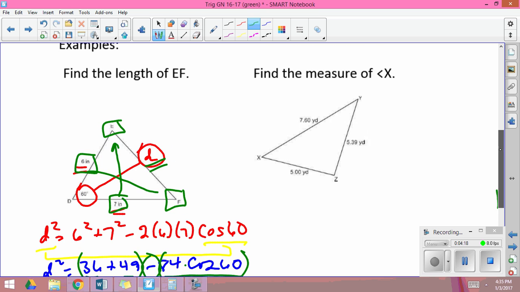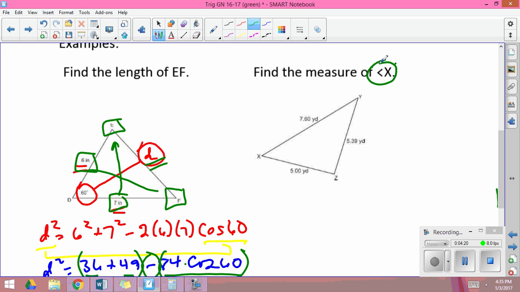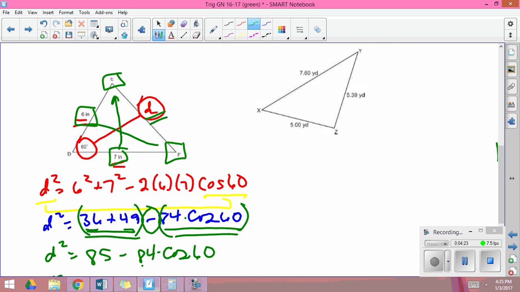In this next example, I want angle x. And so I'm physically going to go here and I'm going to circle x and I'm going to figure out its side opposite because that is my starting and ending pairs.